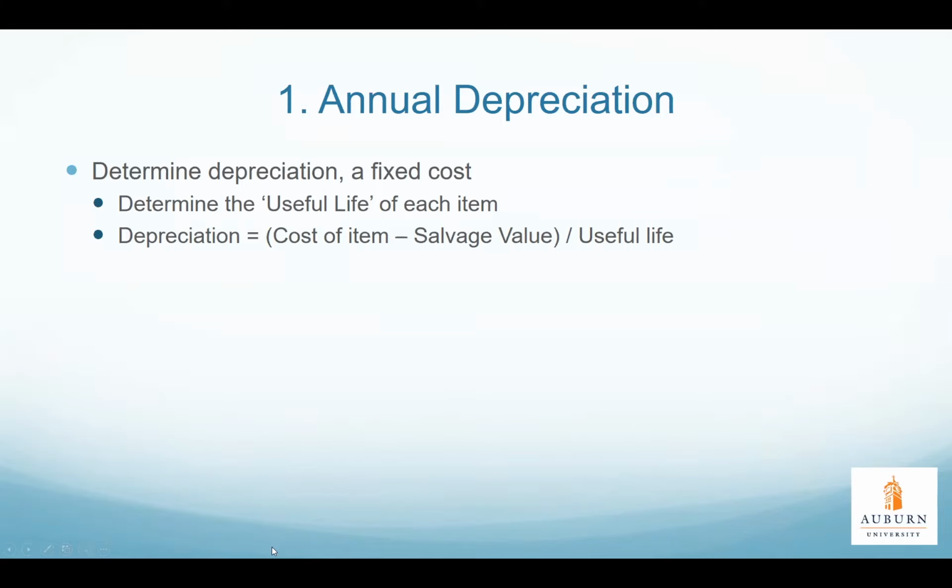How long is it going to last? 1 year, 5 years, 10 years? So each piece of equipment and constructed item has what we call an economic life. And we use that in our depreciation calculation, which is the cost of the item minus any salvage value that we could sell it for at the end of its useful life. And that sum we divide by its useful life.